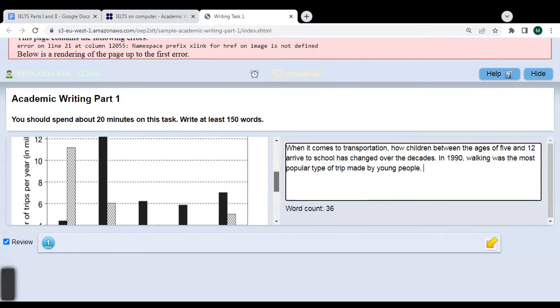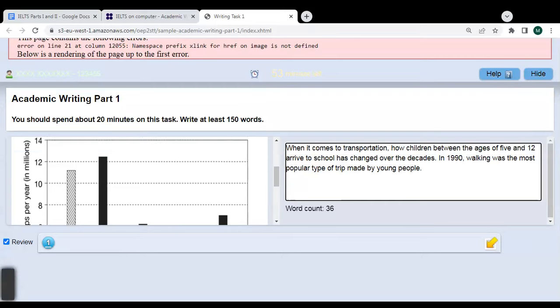So, walking in 1990, a little over 12 million trips, right, writers. Children made a little over 12 million trips using their own 2 feet.